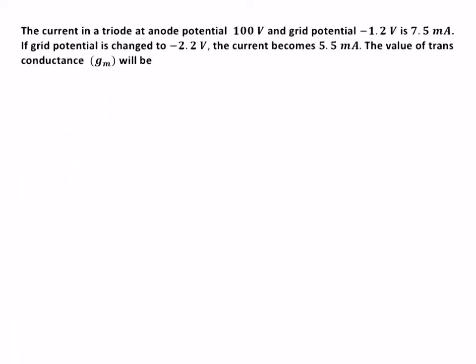The first problem is: the current in a triode at anode potential 100 volt and grid potential minus 1.2 volt is 7.5 milliampere. If grid potential is changed to minus 2.2 volt, the current becomes 5.5 milliampere. The value of transconductance Gm will be?